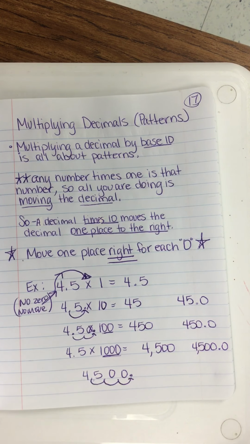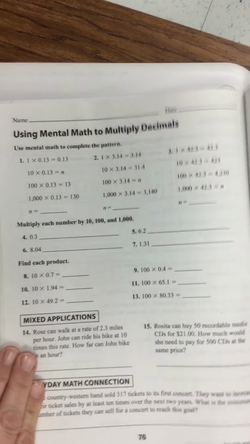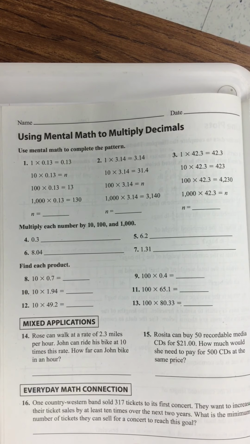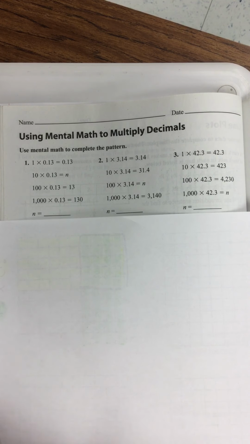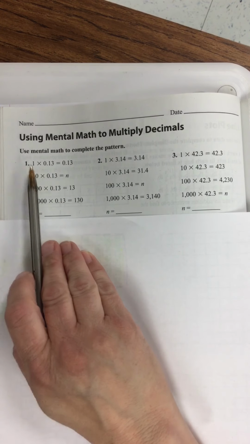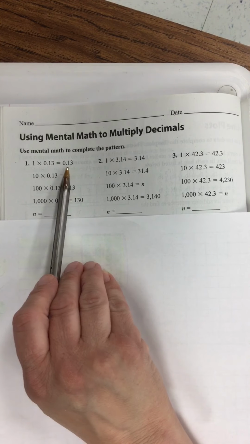All right, so let's look at some problems on a worksheet. I'm not going to write on my worksheet because I'm using it for other classes. But what I want you to focus on is the fact that when you multiply by base 10, you move the decimal to the right. Look at number 1. 1 times 13 hundredths is 13 hundredths.